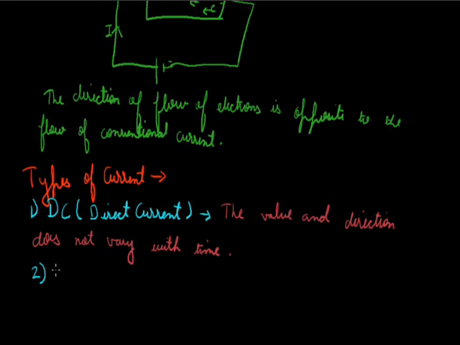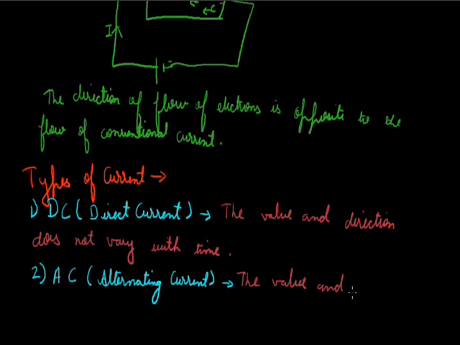Next is AC, alternating current. The current whose value and direction varies with time. The current which is supplied to our homes is alternating current.